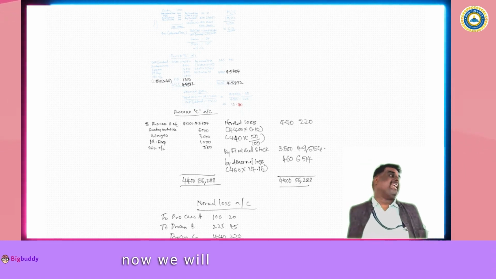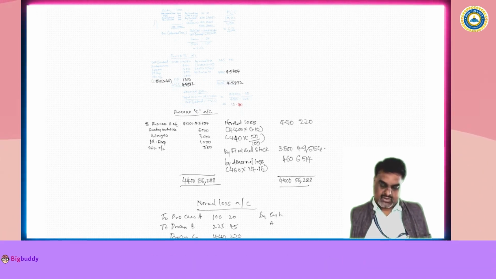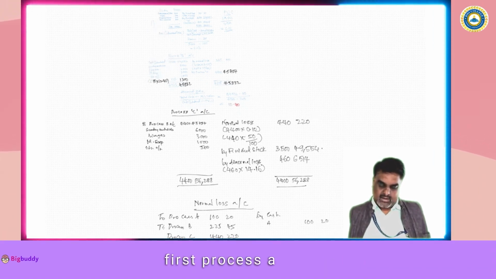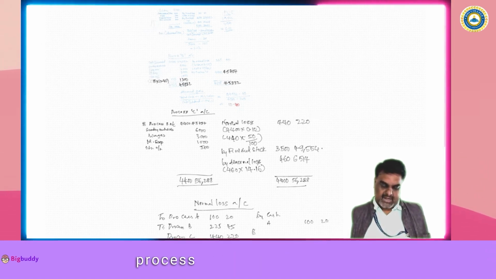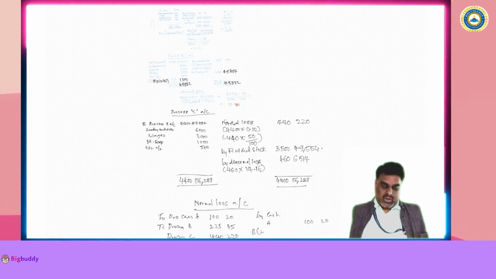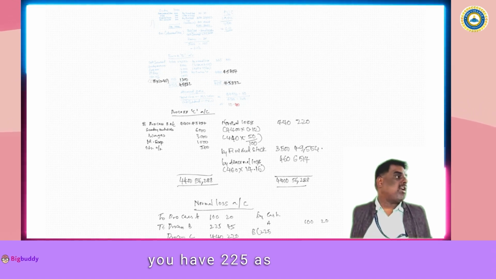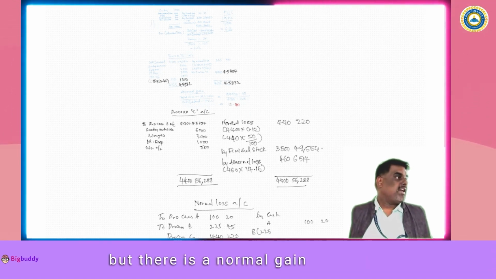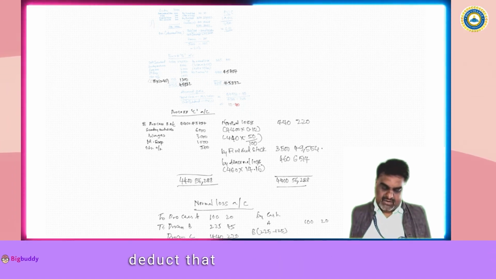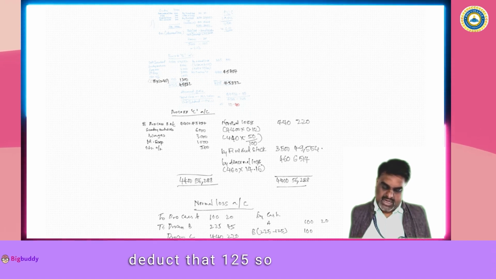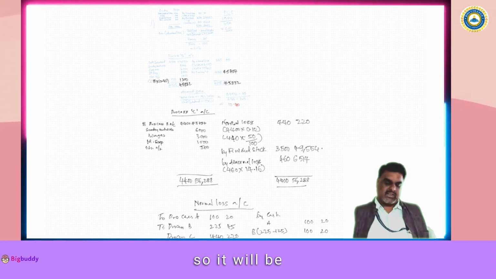Now we will encash it, cash realized. You can write down by cash. First, process A. Process A, 100 units, you will get 20 rupees. Process B, when you write down, you have 225 as normal loss, but there is a normal gain in process B. How much is normal gain? Deduct that 125. So only 100 units. So it will be 20 rupees.